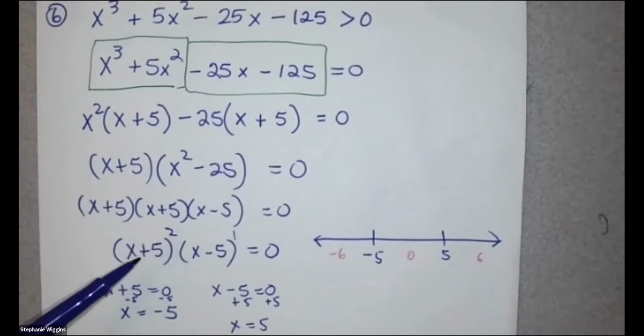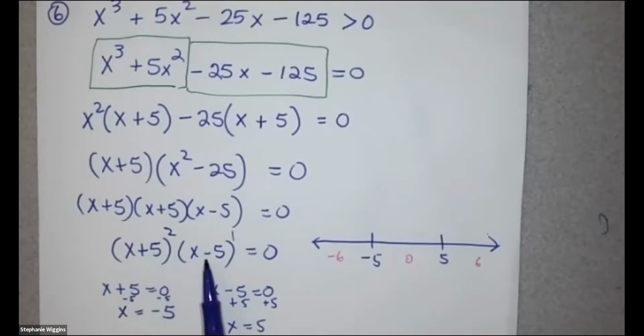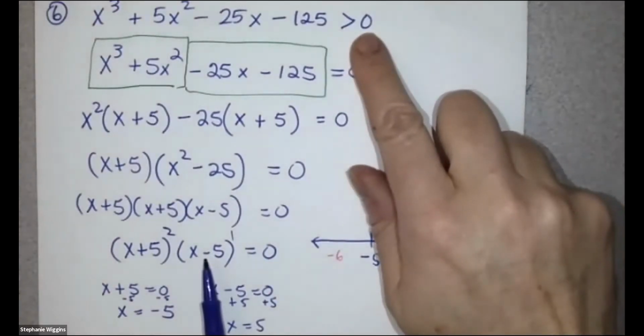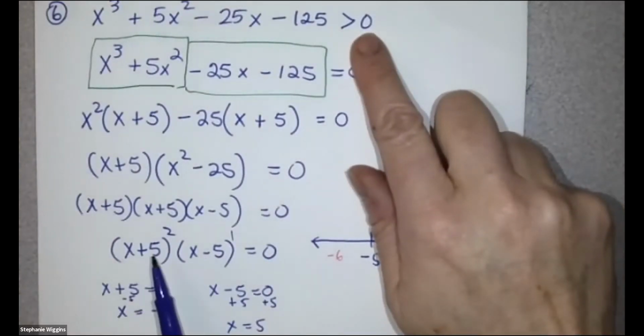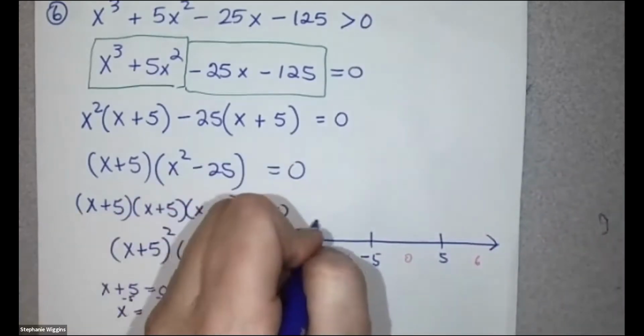When you square a real number, it's always positive. So I don't really have to worry about what it's equal to. If I plug in negative 6, this becomes negative 11. I have a positive times negative 11. Is that greater than 0? False, right? If you have a positive number times a negative number, that's not greater than 0. So that region is false.